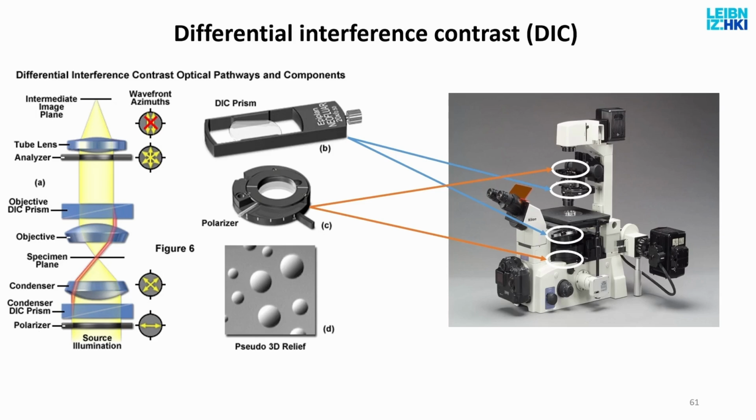It has to be aligned. We don't have time to go into it, but basically it involves setting up the Wollaston prisms on both sides, so that the 3D effect, so to speak, is maximum. If you don't set it up properly, you just get a flat 2D bright field image. These systems are more complex. It needs a polarizer unless you use a laser, in which case it's polarized light already.